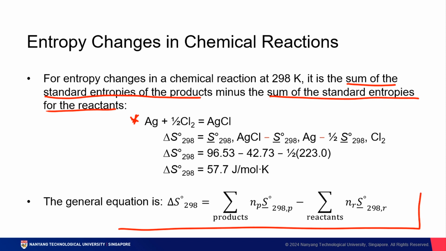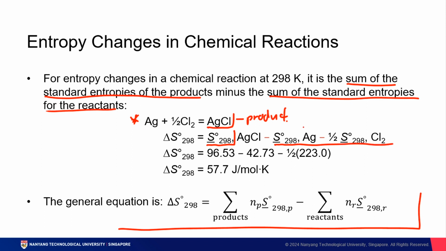So, how do we calculate entropy change for the formation of silver chloride at 298 Kelvin? First, consider the product, and substitute standard entropy of silver chloride accordingly. Next, you subtract the reactants.